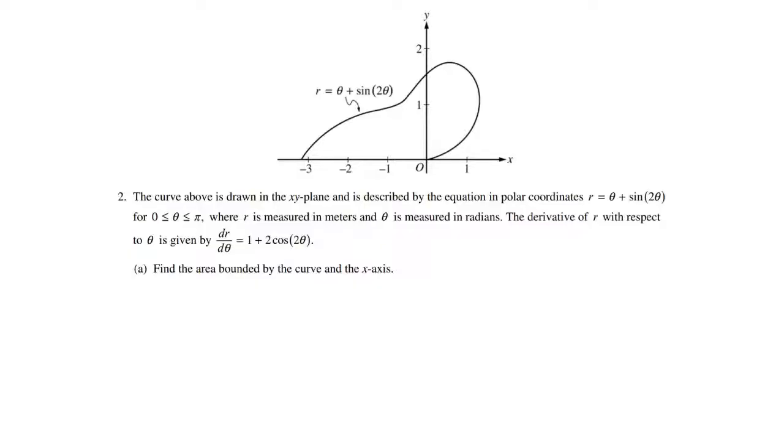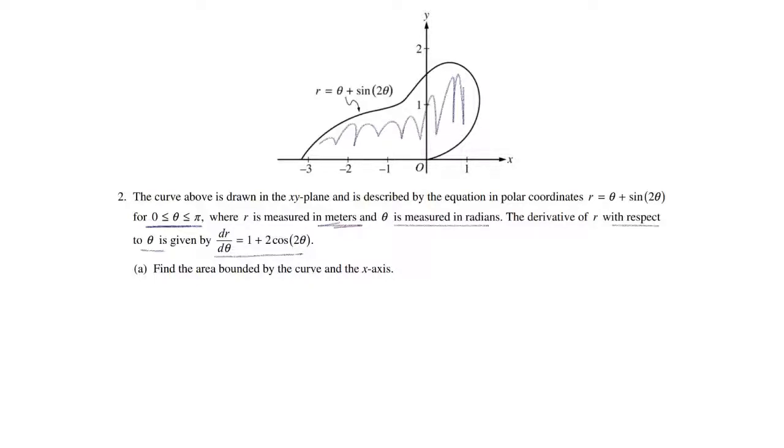This is from 0 to pi, where r is measured in meters and theta is measured in radians. The derivative of r with respect to theta is given by this equation here. Well, that was nice. They did the derivative for us. Find the area bounded by the curve and the x-axis. So it's talking about all of this inside here.